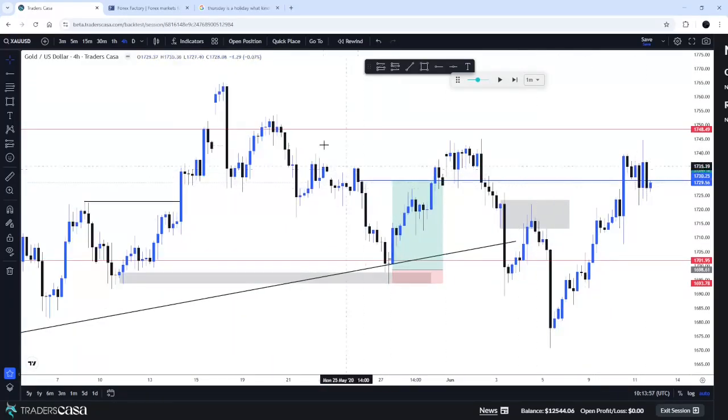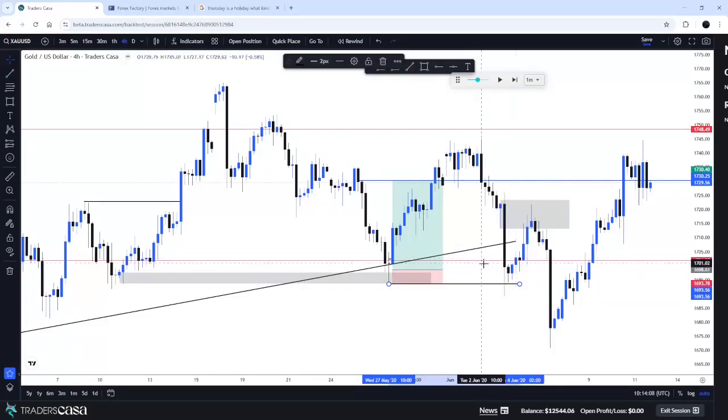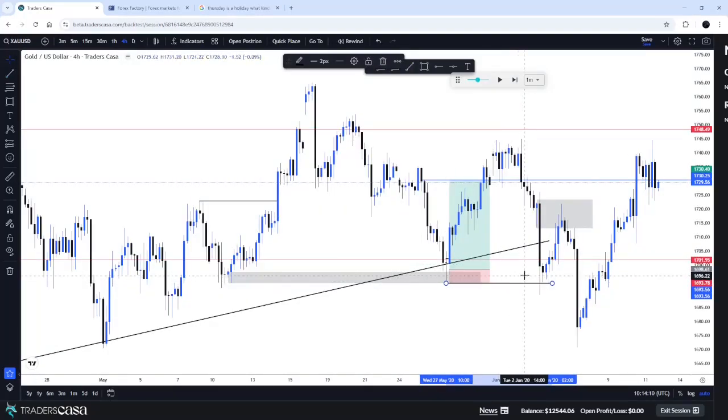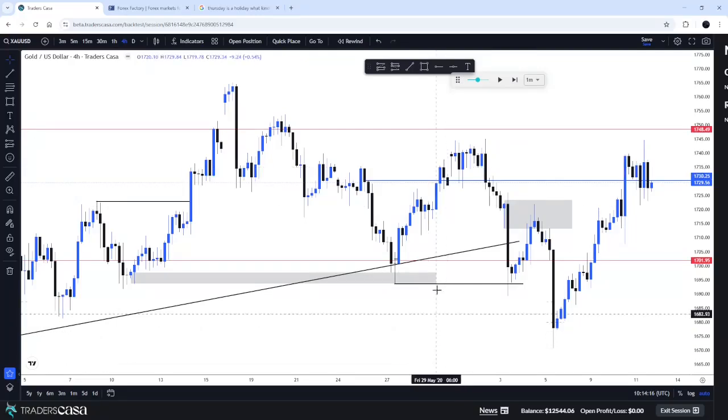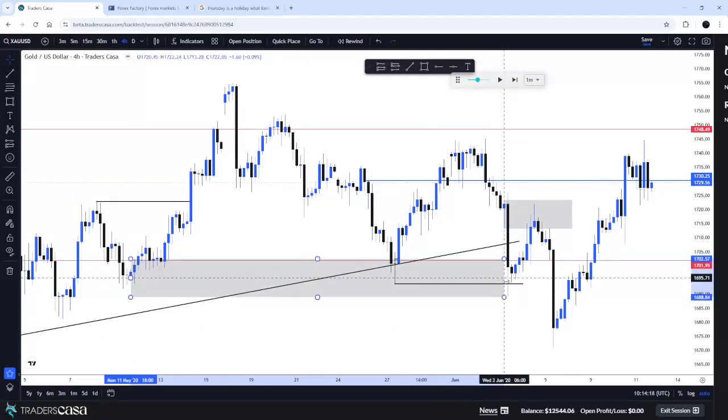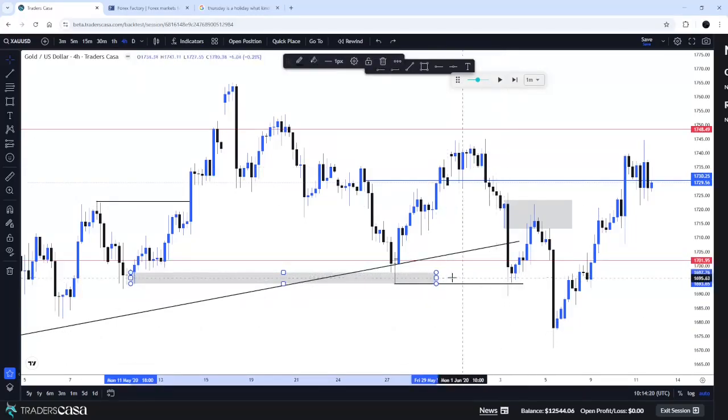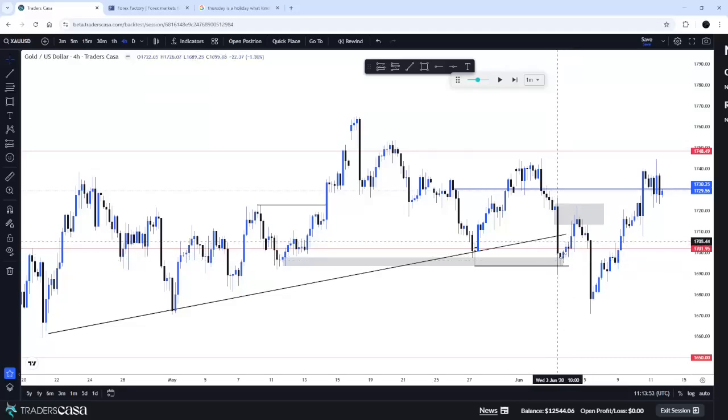Alright, so we have a break of structure here. Price broke this structure, or price broke this trend line. Do you get me? Price has already taken this trend line. Because I actually like to take a fresh demand zone. If we had taken it, we would have taken a deep loss.